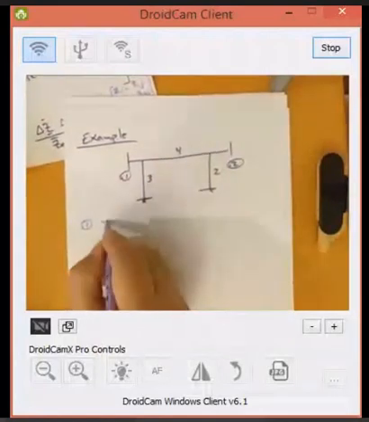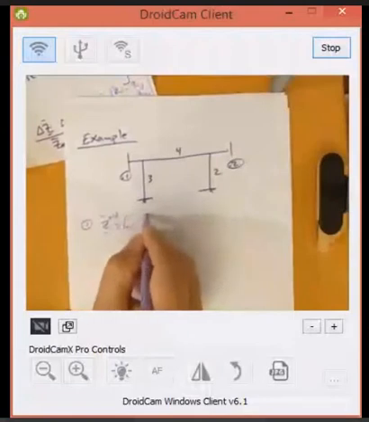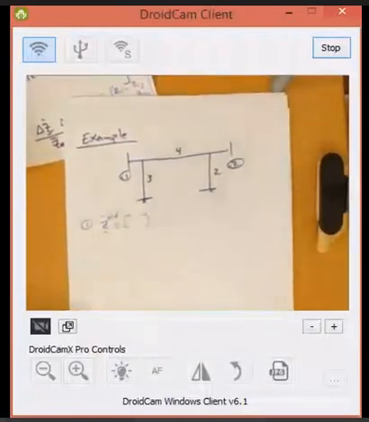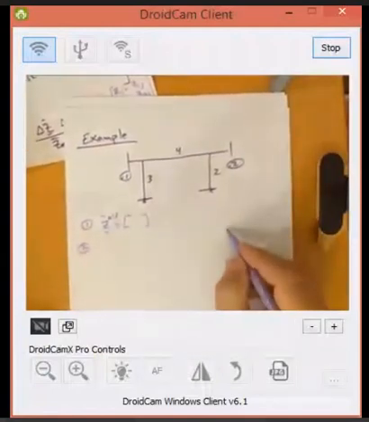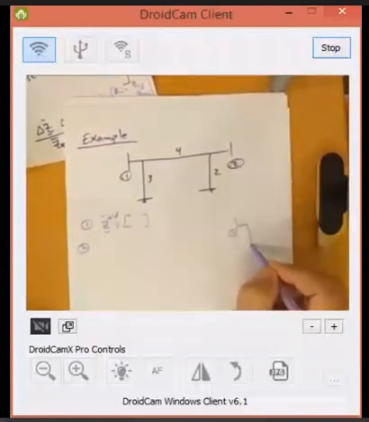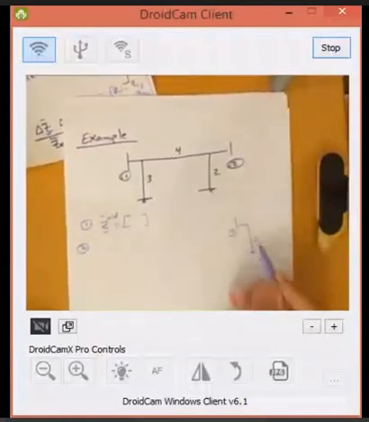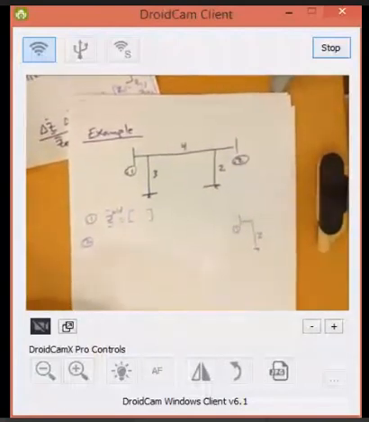Assume Z old is empty, we don't have anything at first. Step 2: we add to this empty matrix one by one. I add bus number 1 connected to the ground. If you remember, this is special case number 1.